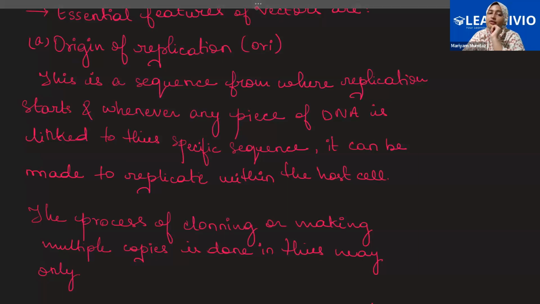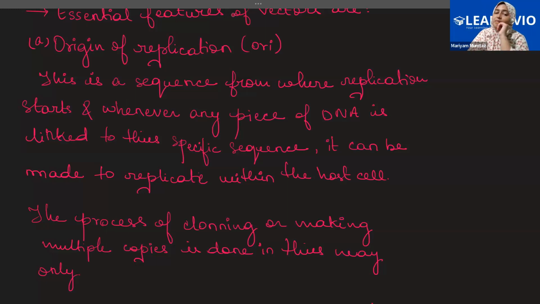The origin of replication refers to a particular sequence exactly where the replication will start. Origin means the start of anything. Origin of what? Origin of replication. It is not actually a part, but particularly a sequence.